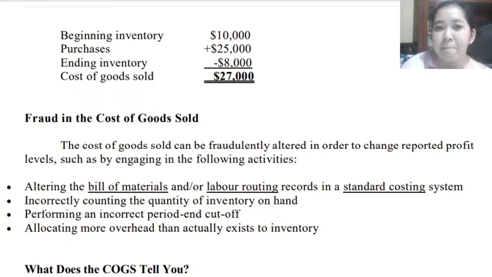Okay, so again, this fraud in cost of goods sold may be done, and was done actually, or will be done by the entity for their personal interests. But again, this should be avoided because this is a violation of our GAAP, as well as the preparation of the financial statement.